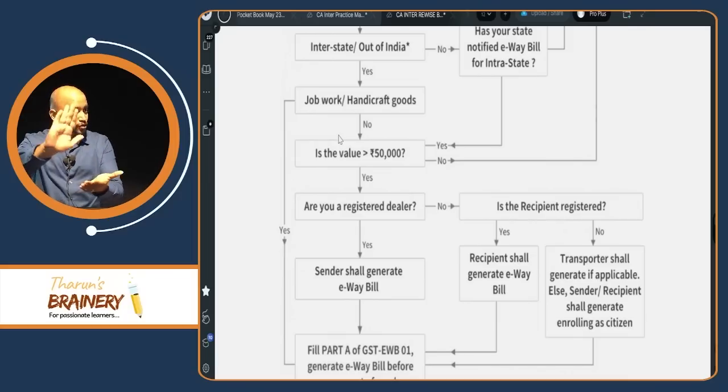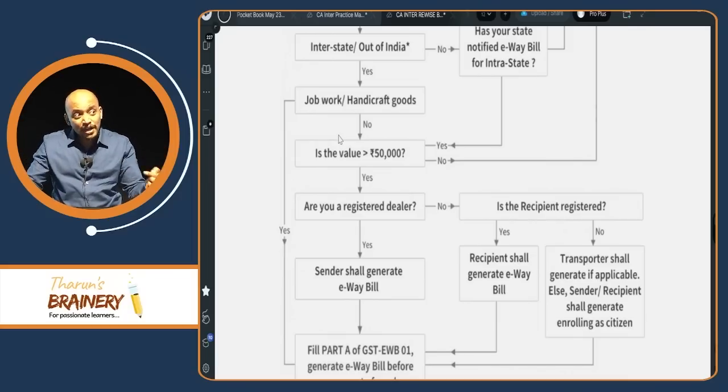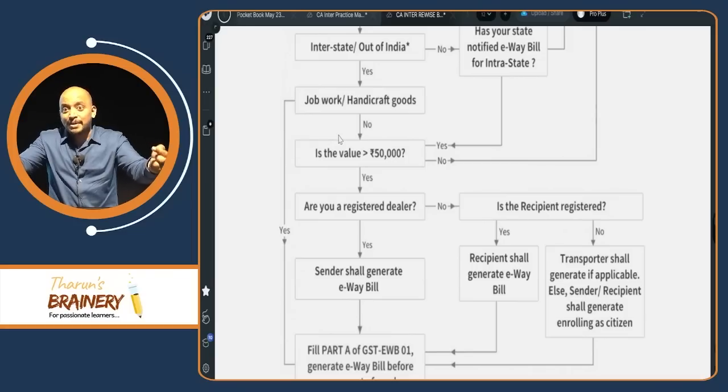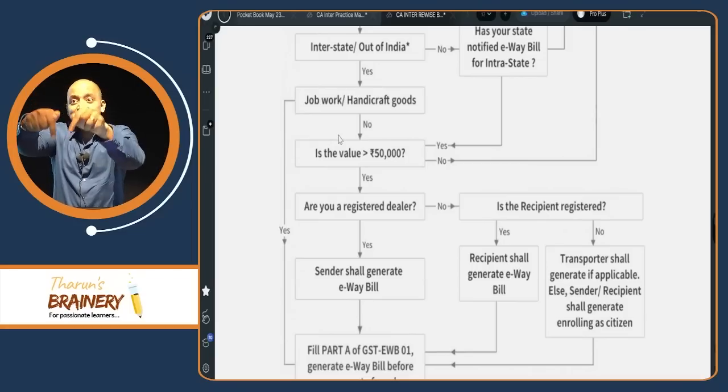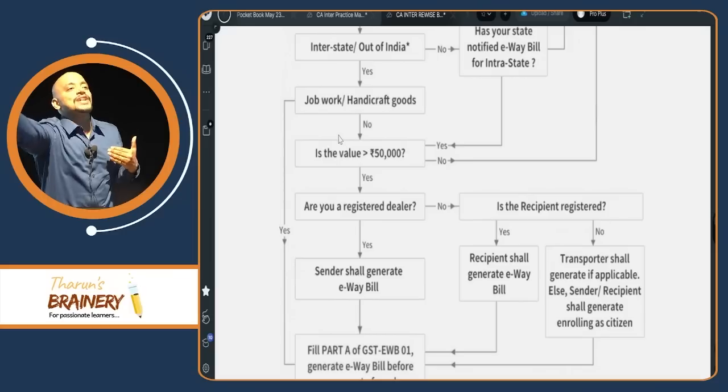Correct. But these two invoices' parcels will be transported by the transporter in a single lorry. So now the value of the goods transported in the vehicle exceeds 50,000. So the transporter should generate e-way bill.